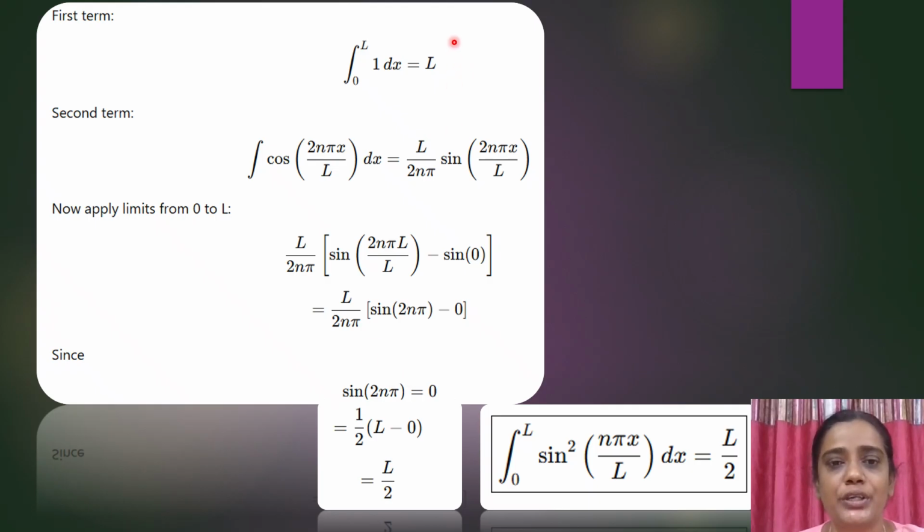So when we substitute in the original equation, it becomes 1 by 2 into L minus 0. The answer will be L by 2. So the integration over 0 to L of sine squared n pi x by L into dx gives us the value L by 2.